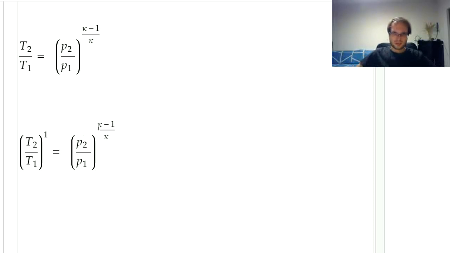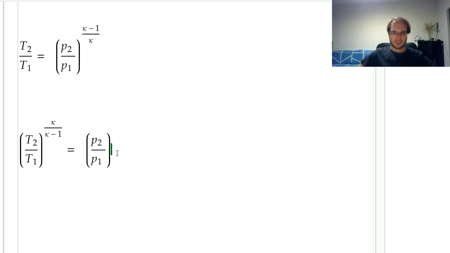So we can move the kappa minus 1 over kappa over here while taking the inverse of it, so it would be kappa over kappa minus 1. So T2 over T1 is P2 over P1 to the power kappa over kappa minus 1.